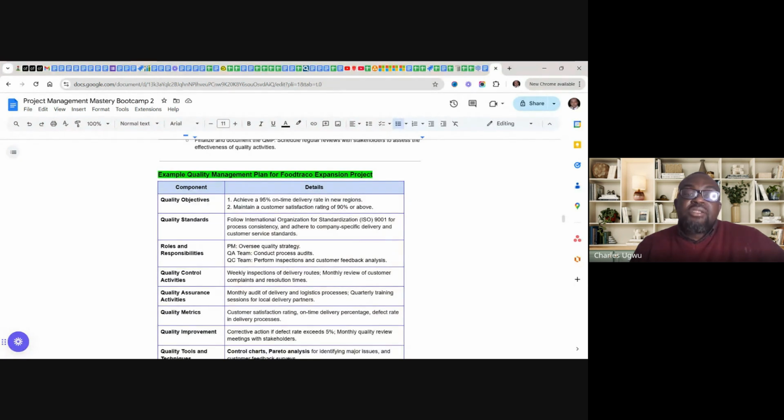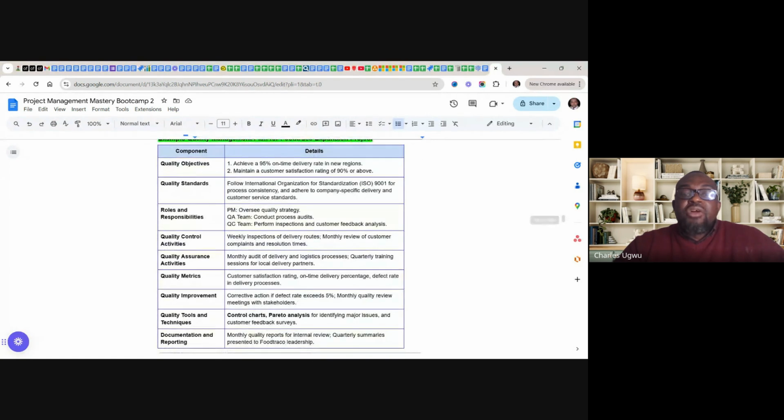Project manager to oversee quality strategy, quality assurance team member to conduct process audits, quality control team member to perform inspection and customer feedback analysis. Then quality control activities: weekly inspection of delivery routes, monthly review of customer complaints and resolution time. Those are the activities we need to perform.